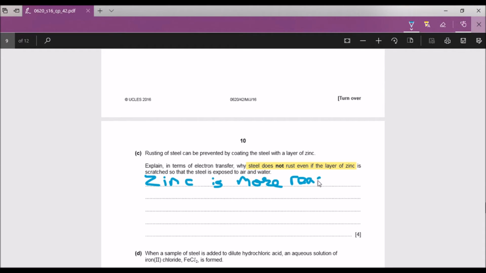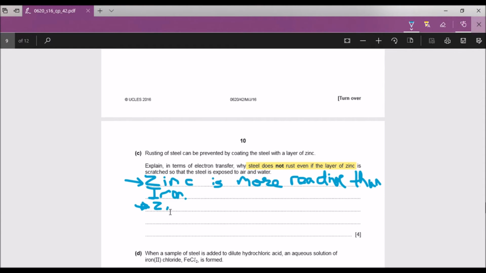Zinc is more reactive than iron, and you can verify this by looking at the reactivity series, which in the IGCSE you have to memorize pretty much. This will get you 1 mark by stating this. Anyways, in this case, you just say zinc loses electrons.